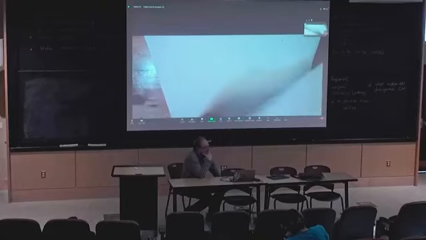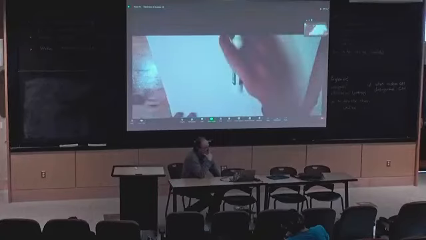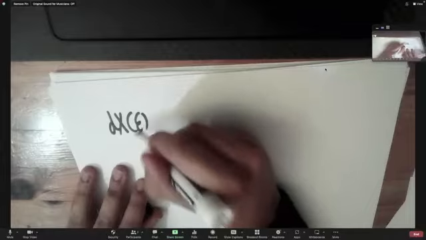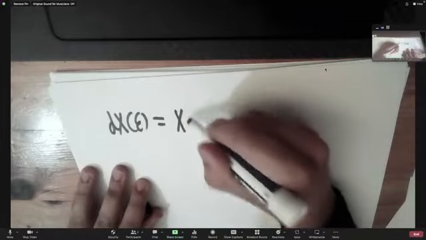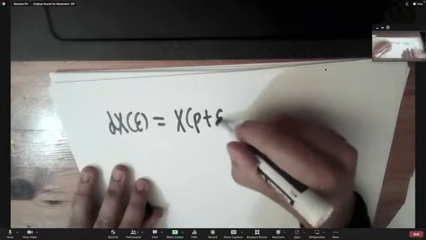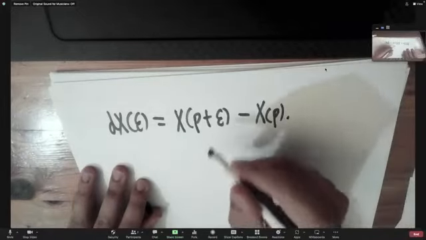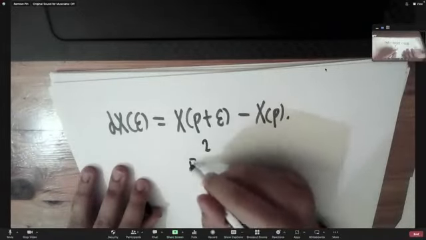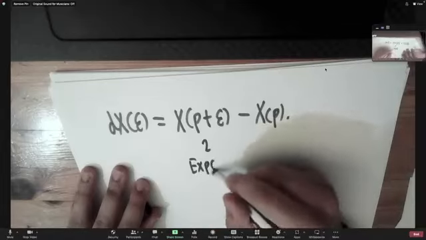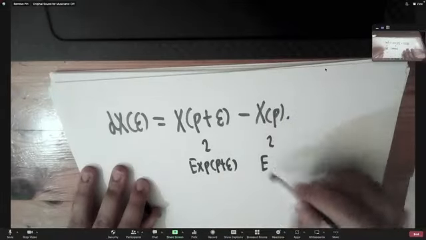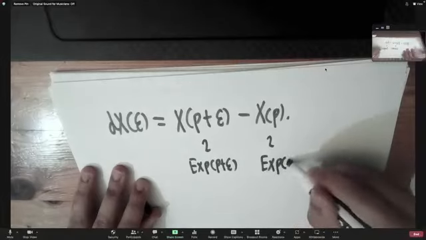So let's now go back to our particular case of subtracting two random variables, where we had x of p plus epsilon minus x of p. My claim is it's not enough to say that this thing is distributed as an exponential distribution with rate p plus epsilon, and this thing is distributed as an exponential distribution with rate p.